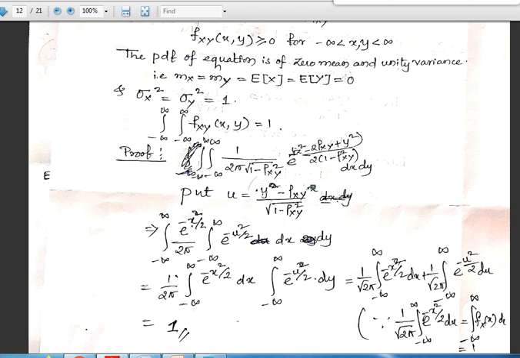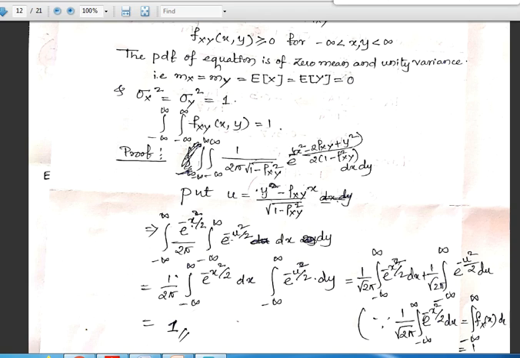Here, except for x², we will have y minus 2ρ_XY x, so we adjust this one to (y − ρ_XY x) divided by the root of 1 − ρ_XY, the whole squared.